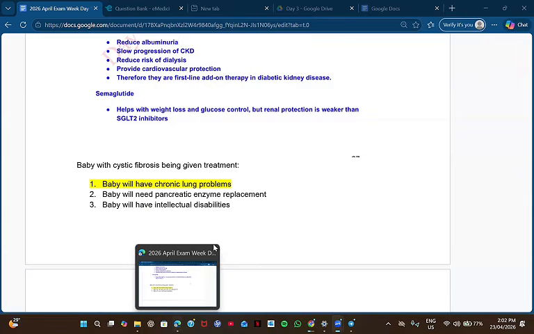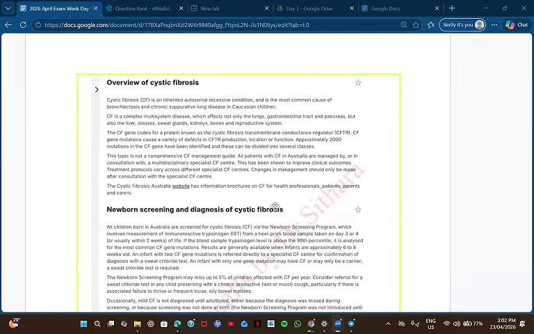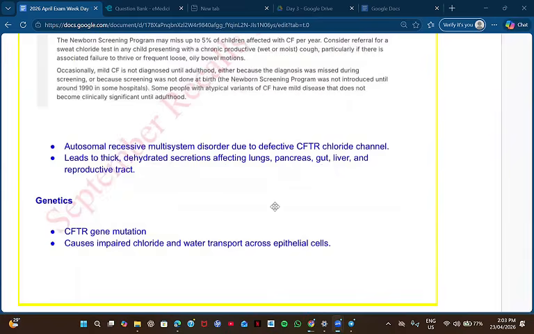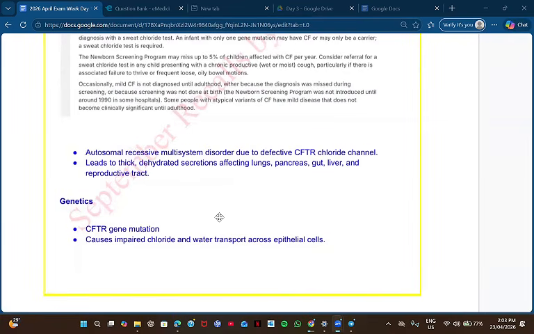Okay, we'll discuss a little bit about cystic fibrosis. Cystic fibrosis is an autosomal recessive multi-system disorder due to a defective CFTR chloride channel, right? So it leads to thick dehydrated secretions affecting lungs, pancreas, gut, liver, and reproductive tract.